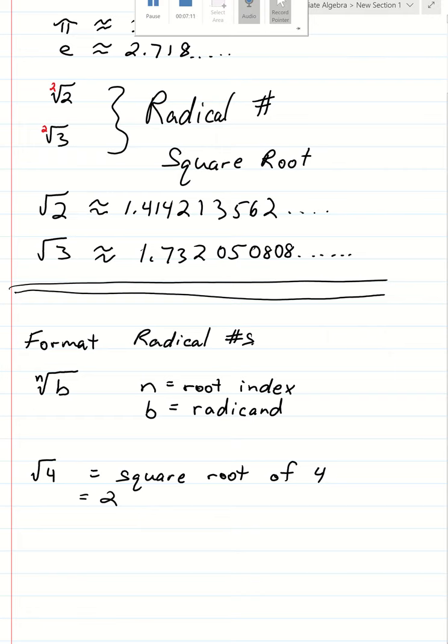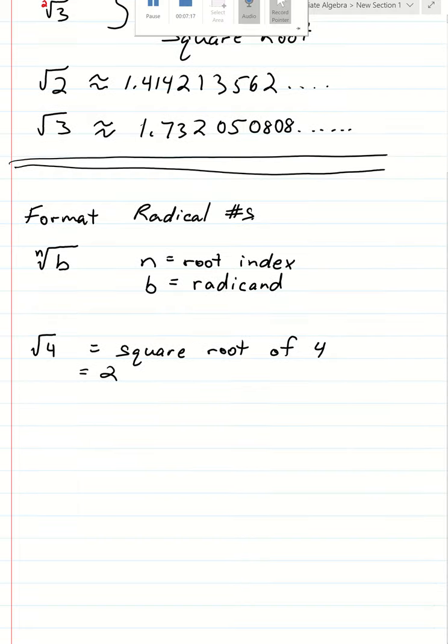Now, how are we getting that? What is it that the square root is figuring out? Well, let's look at a few other examples and see if we can come up with a conclusion. The square root of 9 is equivalent to 3. The square root of, let's say, 36 is equal to 6. The square root of 64 is the number 8.